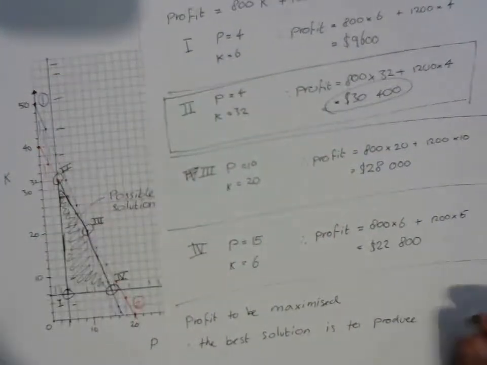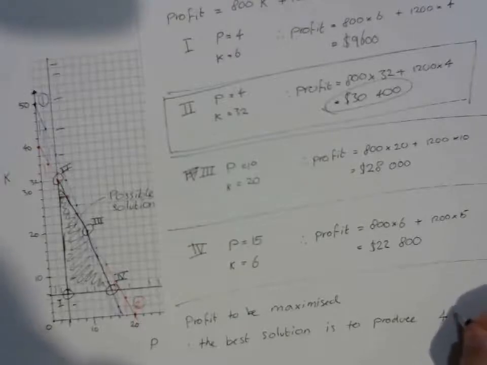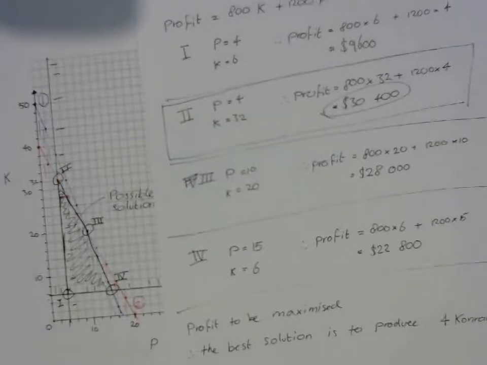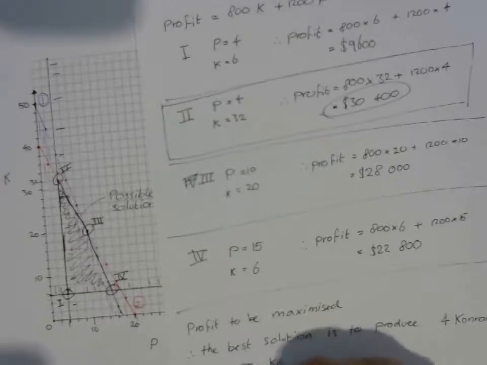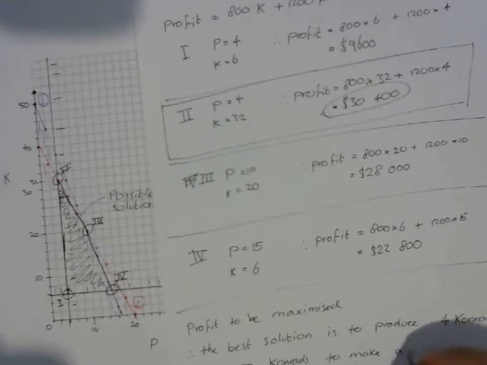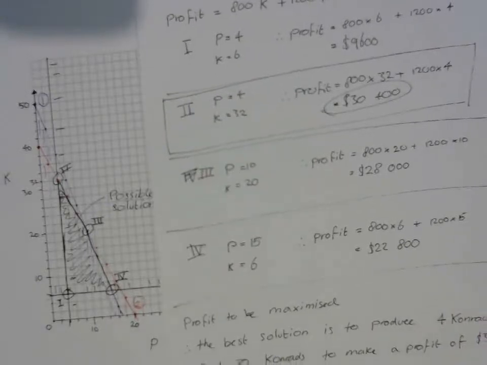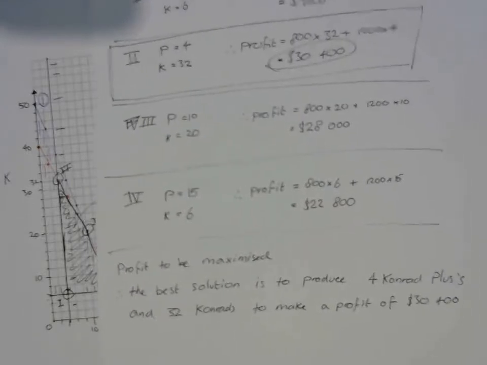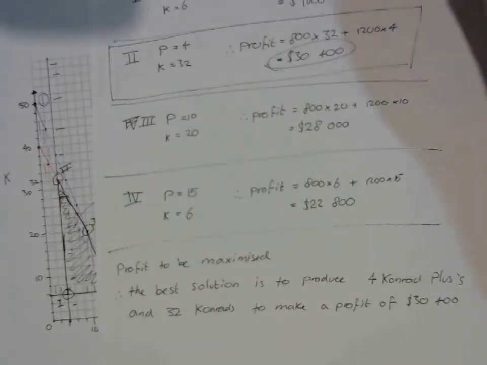So the best solution is to produce 4 Conrad pluses and 32 Conrads to make a profit of $30,400. And that is how you answer an omega standard optimum solutions problem.